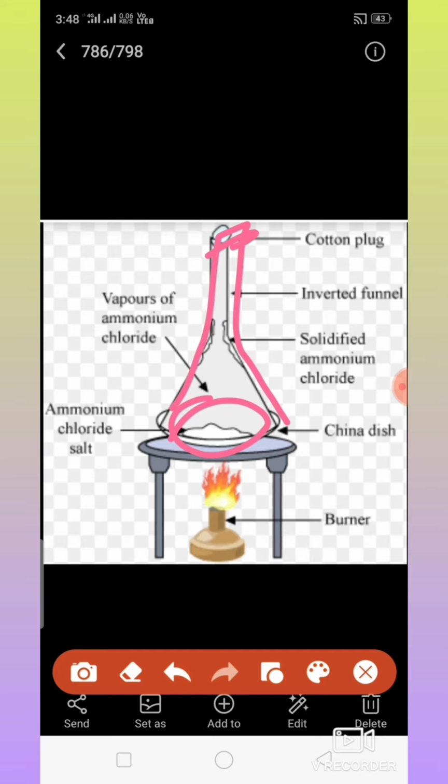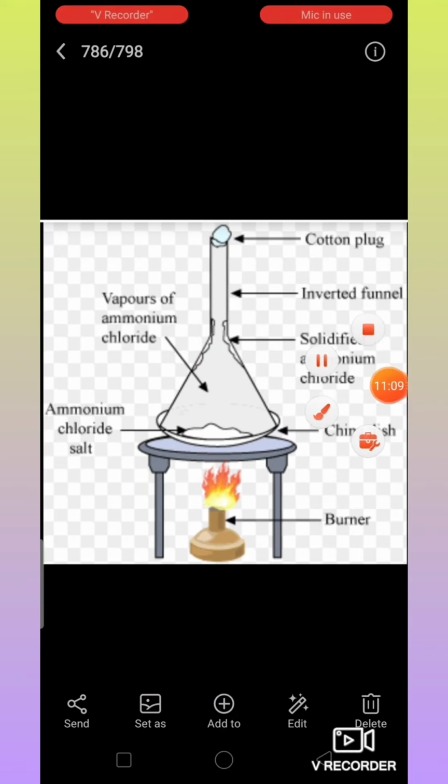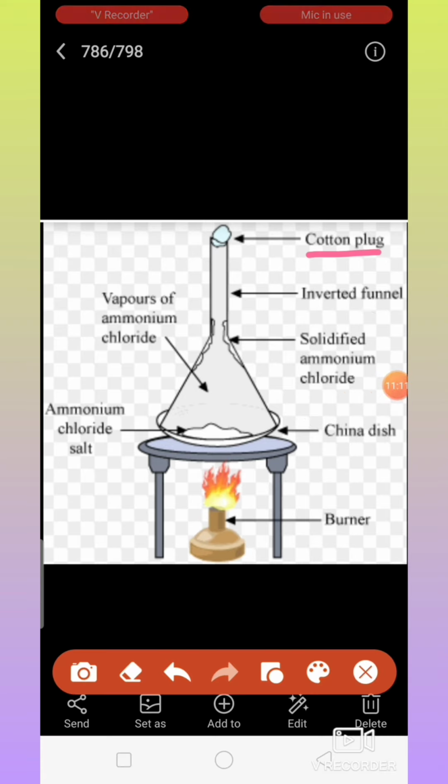The open end of the stem of the funnel is closed using cotton. You can see the cotton plug here. So, the open end of the funnel is now closed using cotton wool and the china dish is heated now.